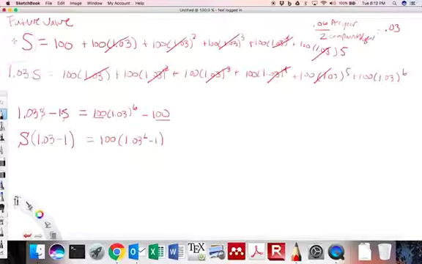And remember that s was the number we wanted, and we now have s times 0.03. That's what happens when you combine these, 1.03 minus 1. 100, and I know that we could evaluate this at this point, but I'm not going to, because let me divide through by 0.03.